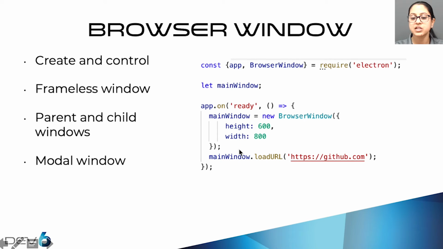You can load a third-party URL, or you can load your own index.html, and start your application. So this BrowserWindow will help you create and control it. There are so many flavors of it. You can create a frameless window, you can have parent-child window interaction going on, and you can also have a modal window. So there are so many ways to do it.